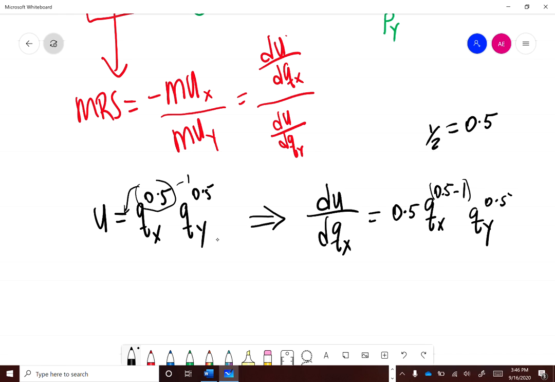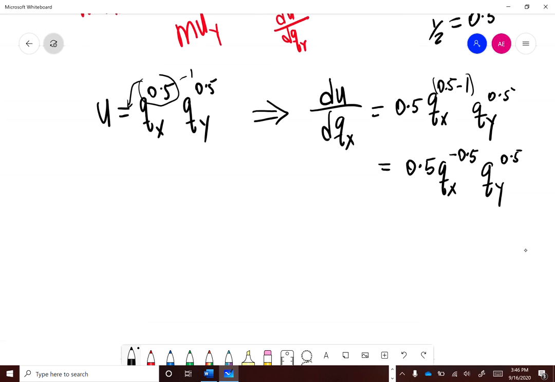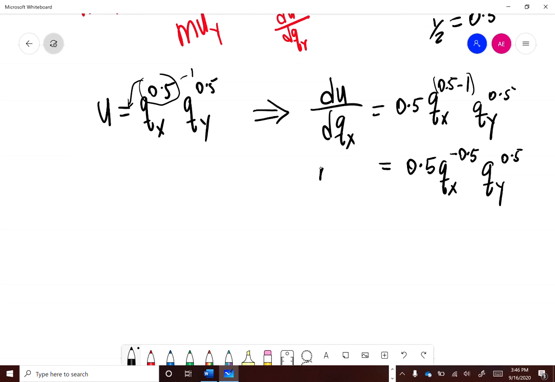We carry it along. Okay, so this would be equal to 0.5 times q of x to the power of negative 0.5 times q of y to the power of 0.5. Okay, so this is our MU q of x. Same thing. Remember, these are the same thing.